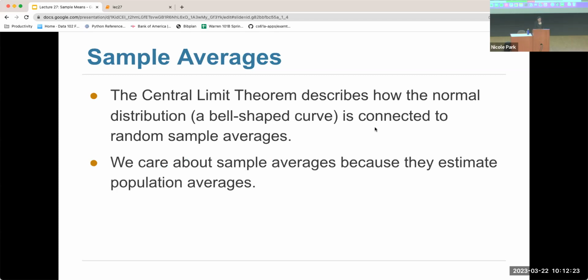We care about sample averages because they estimate population averages. We typically can't know everything about a population. So if we have a giant population, it's very difficult to say this is going to be the population average. But what we can do is take random samples, and that allows us to find some sort of sample average that will then help us to predict the population average.